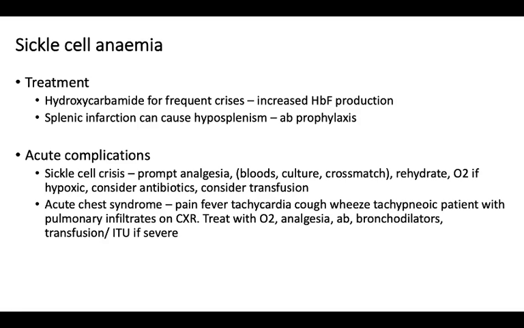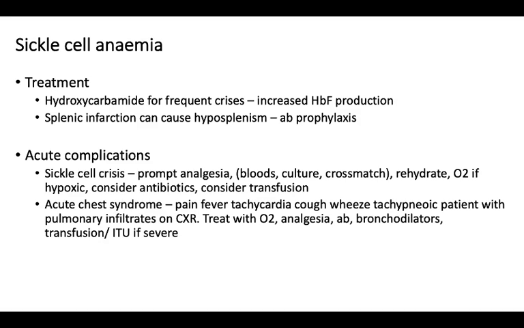The remaining 3% is made up of fetal hemoglobin and HbA2, which is the third type of hemoglobin that I talked about earlier. Hydroxycarbamide increases the percentage of fetal hemoglobin, and as we know, fetal hemoglobin has an increased affinity for oxygen. So this will then help oxygenate these patients a bit better.